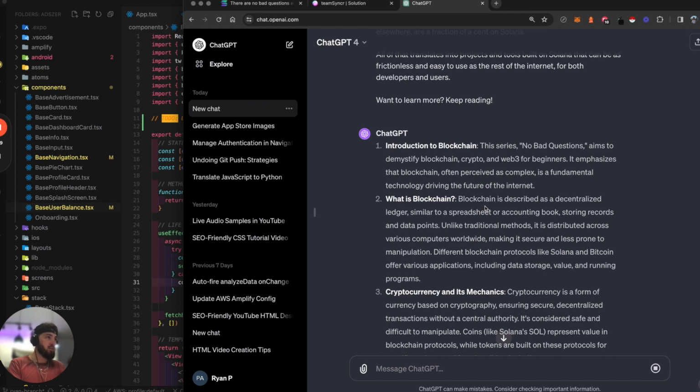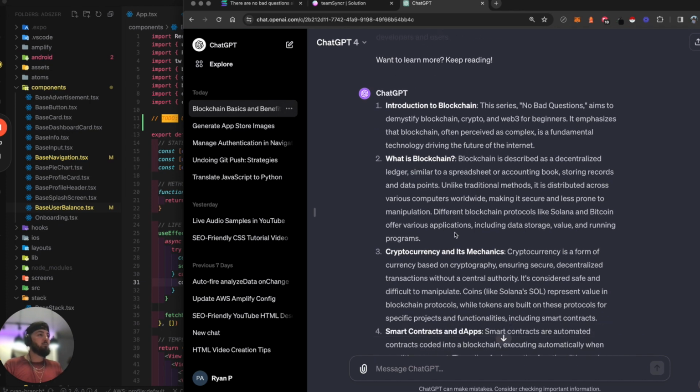Unlike traditional methods, it is distributed across various computers worldwide, making it secure and less prone to manipulation. So the key phrase is less prone to manipulation. It's an honest system, and that's a huge value of it. It's this open database concept where everybody can access the information if we want to. We can all look at the ledger if we want to.